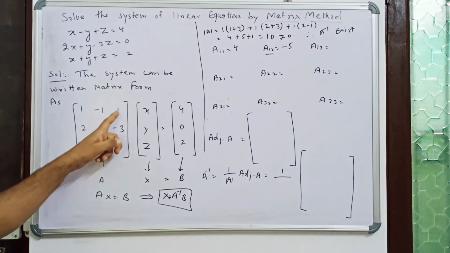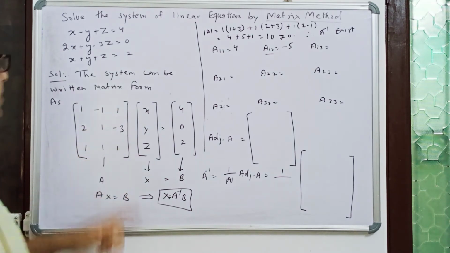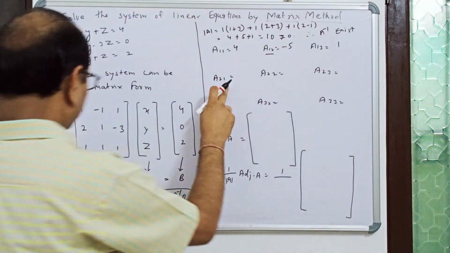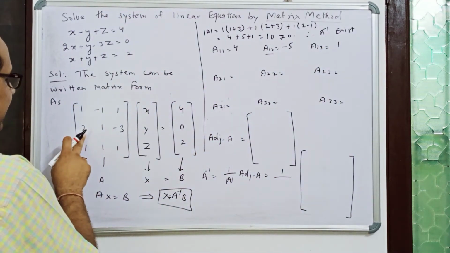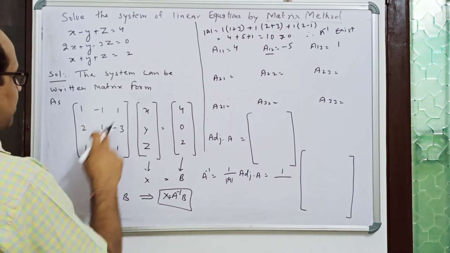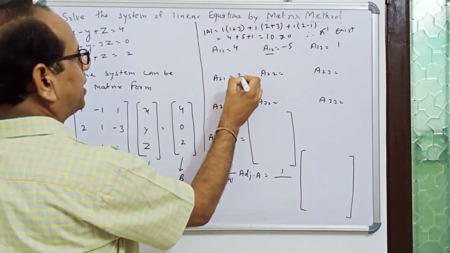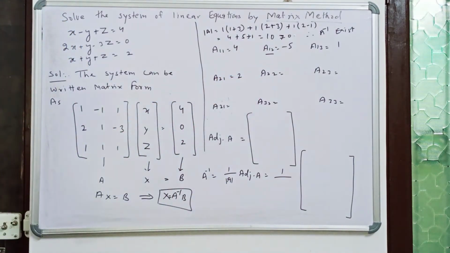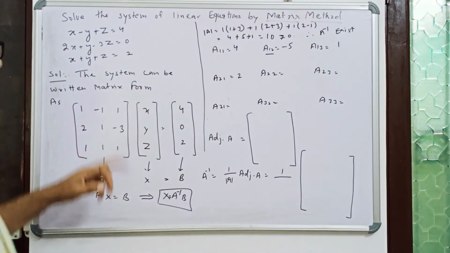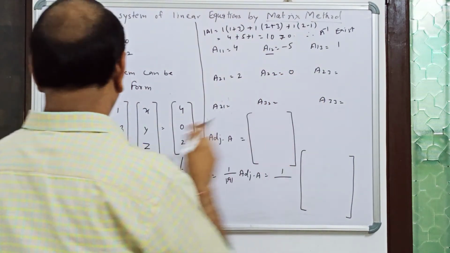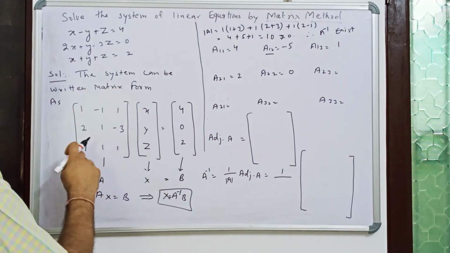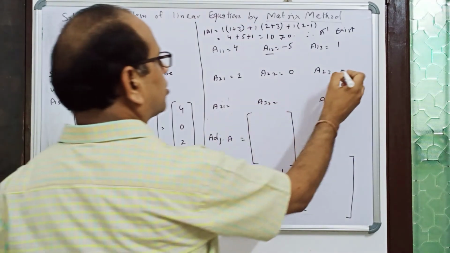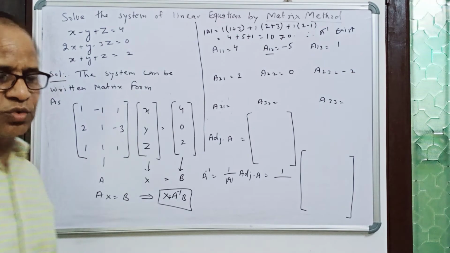So for this one, it is 2 minus 1, 1. For this one, that is for A21, minus 1 and minus 1, minus 2, it will be plus 2. Then for this one, 1 minus 1, 0. For this 3, it is 1 plus 1, 2. And because of this odd, it is minus 2.